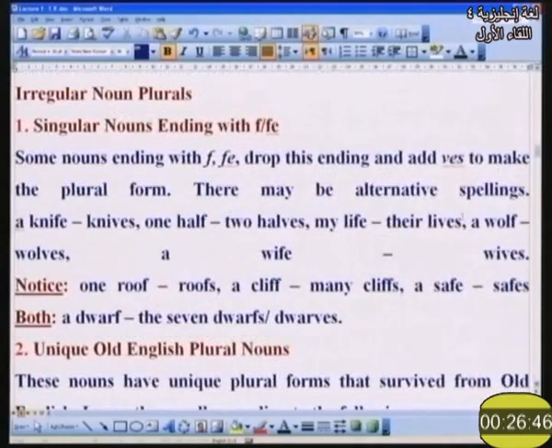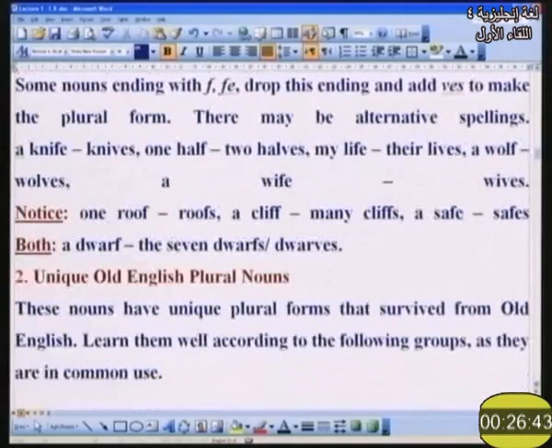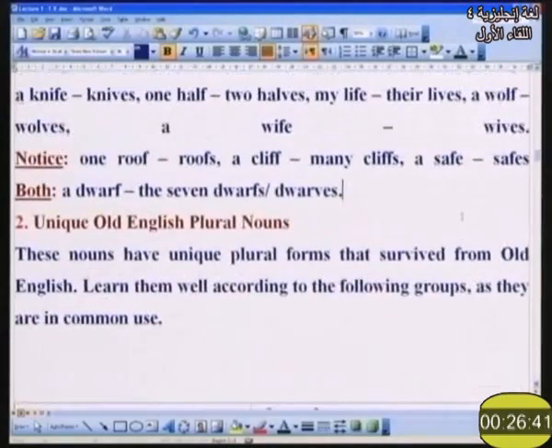This is another type. The third or fourth rule is related to unique Old English plural nouns. Some nouns retain or keep the plurals that they had in Old English. في الإنجليش القديم جدا they had plurals that have no rule.